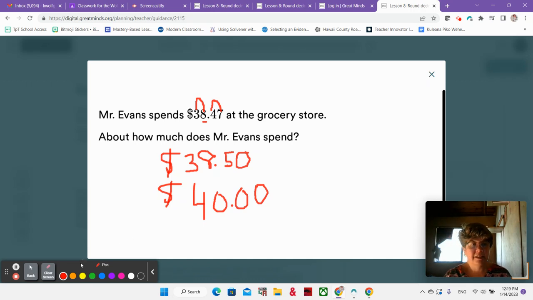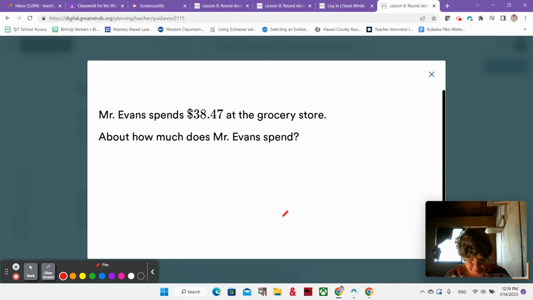Okay, thanks guys. Just a couple more things to talk about when we're talking about rounding decimals before you get into your practice work. We have to sometimes think about what makes sense with a scenario, right? If we're choosing which place we're going to round to, we're going to make sure we understand the problem first and then think about which place makes the most sense for the answer we're looking for.